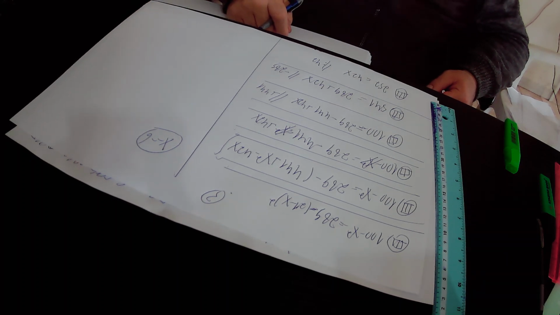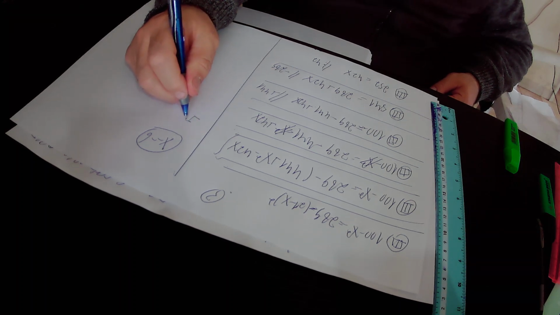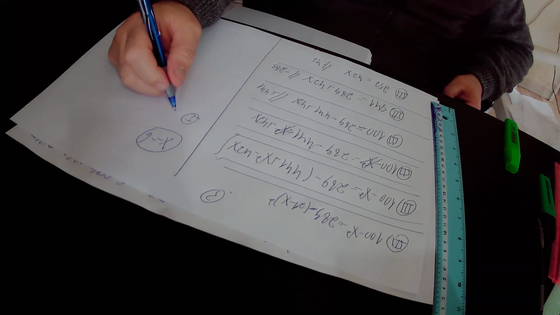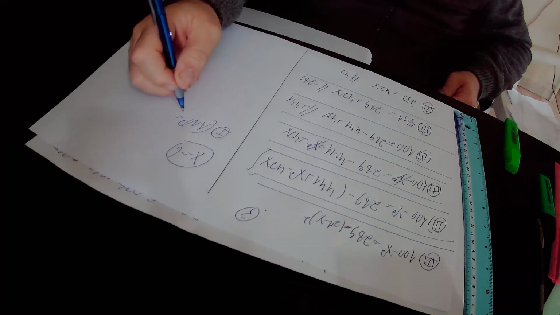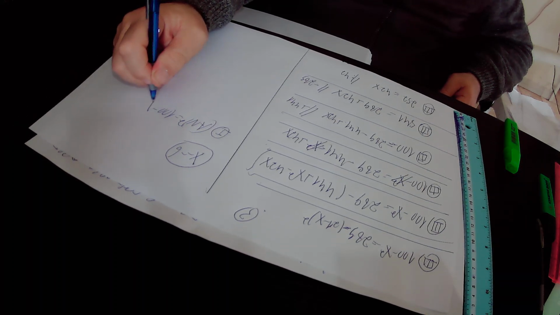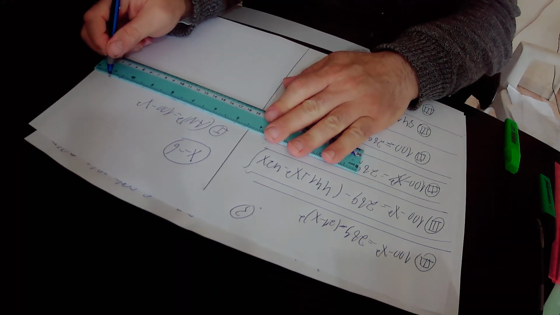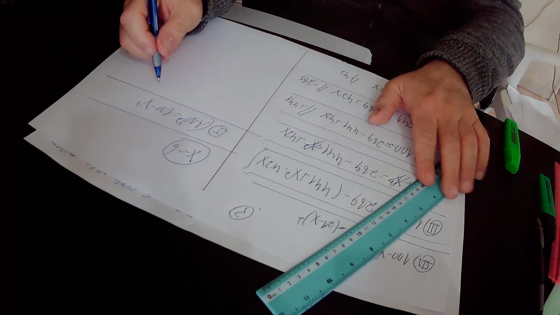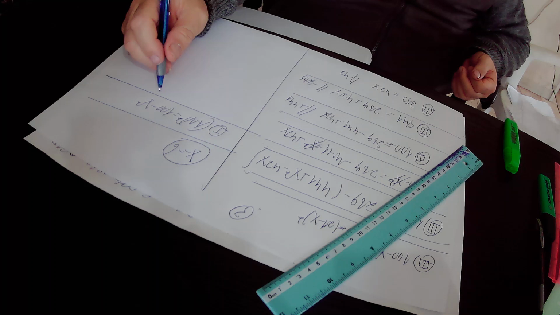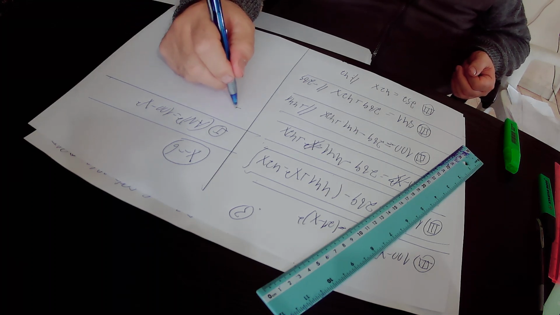In the next step, we return to equation 1. According to equation 1, we found out that AN squared equals 100 minus x squared. But we just found out that x equals 6. Therefore, we substitute x by 6 in this equation 1.